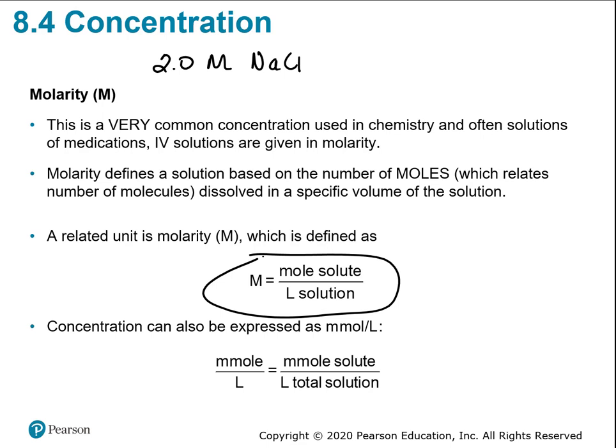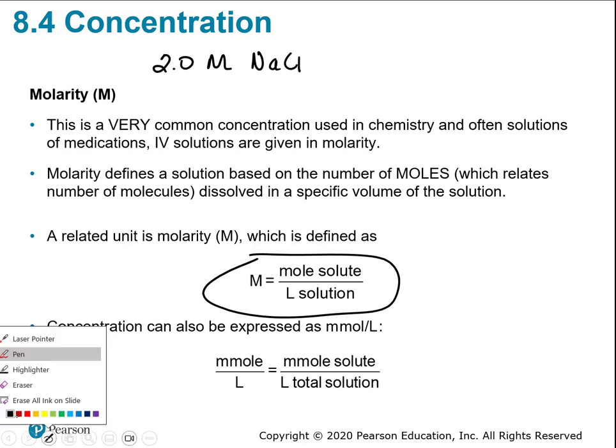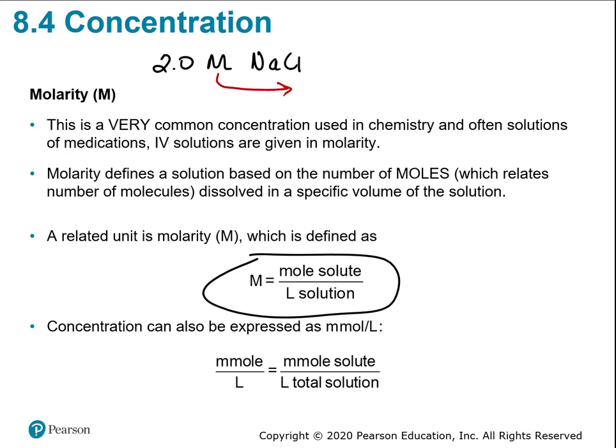It means moles per 1 liter. So it's how much of your solute per 1 liter of its solution. So just take this M and change it. It's telling you that I have 2 moles of NaCl per 1 liter of the solution.